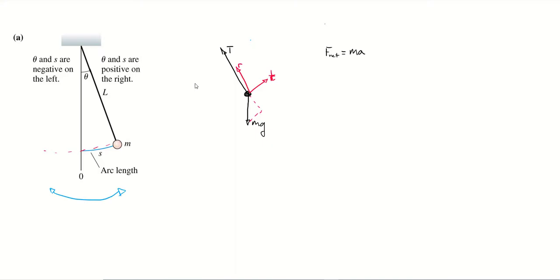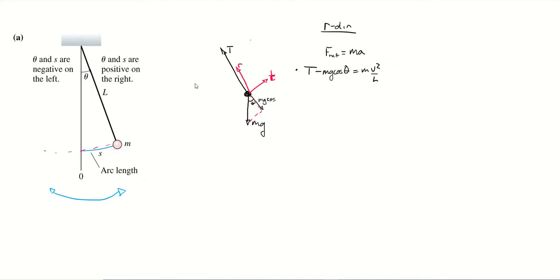In the radial direction, we have tension in the positive direction, and the radial component of gravity, which is mg cosine of that angle theta. So this is going to be T minus mg cosine theta, equal to mass times v squared over r, which is L, which is just the radial acceleration.